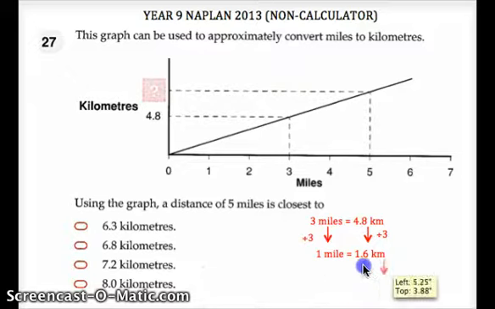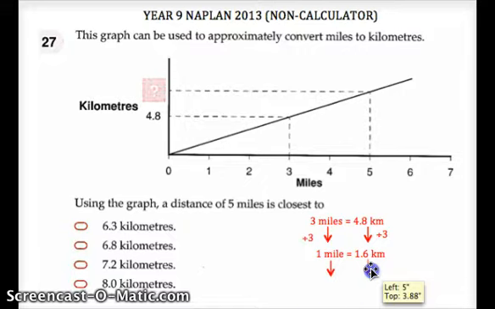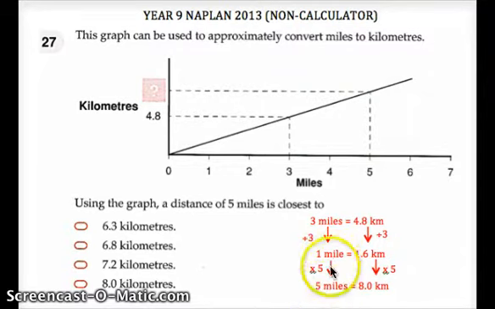Now that we know that 1 mile equals 1.6 kilometres, we can work out what 5 miles is equal to. Again, if 1 mile is 1.6 kilometres, how do we go from 1 to 5 miles? We would multiply by 5. So multiplying 1 mile by 5 and the 1.6 kilometres by 5, we get 1 times 5 is 5 miles, and 1.6 times 5 is 8 kilometres.